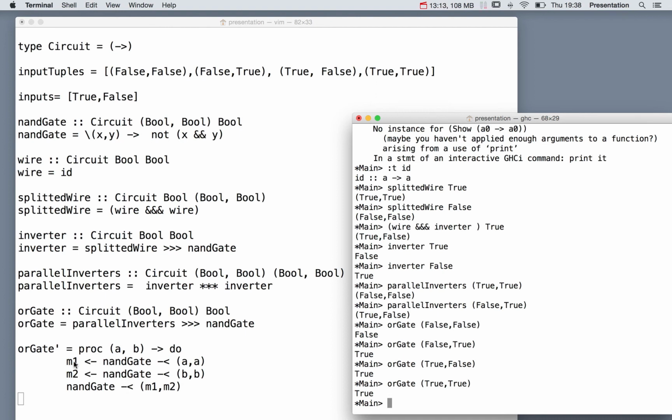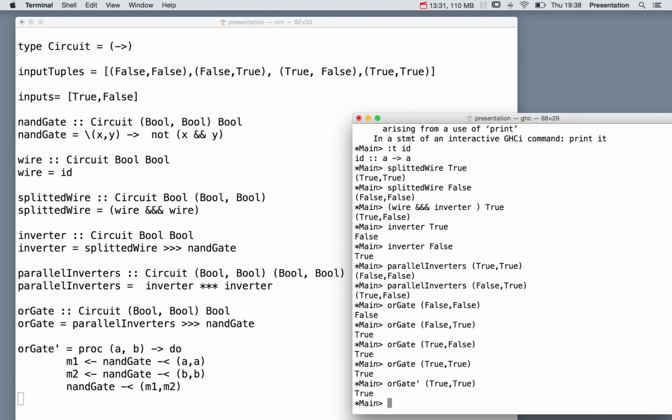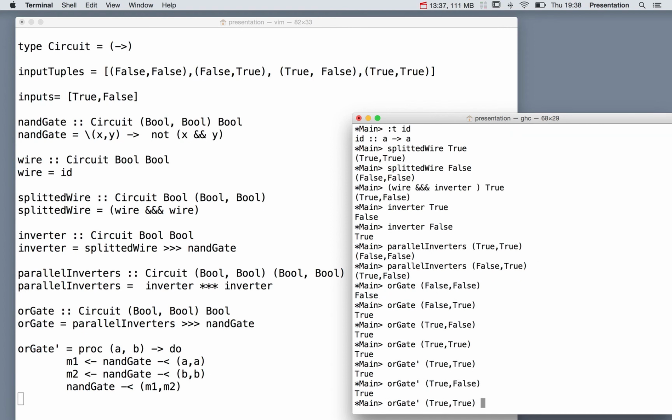For example, this M1, M2, and then you can build up some more complex circuits from simpler circuits. And you can see that this also has the same behavior as the other OR gate. It's just a different notation.